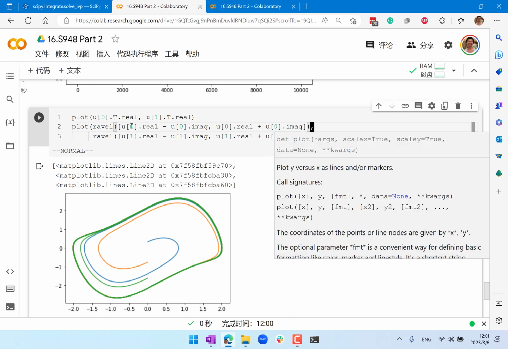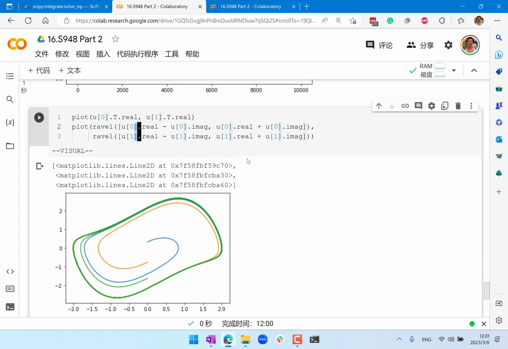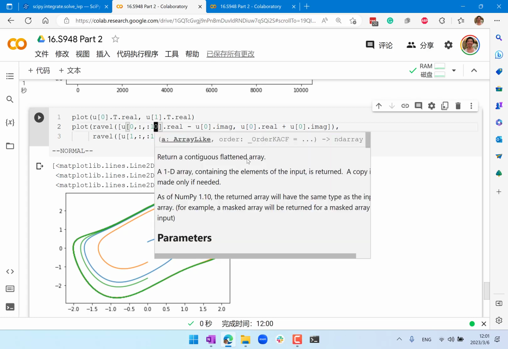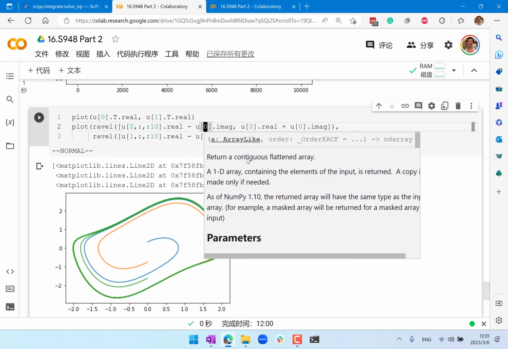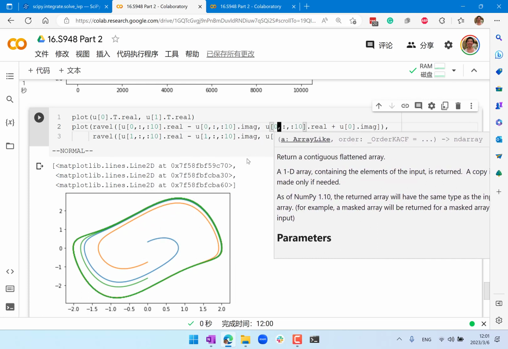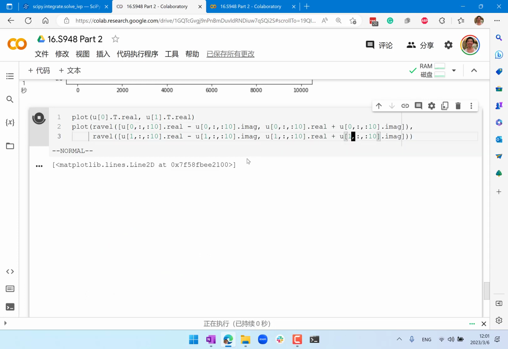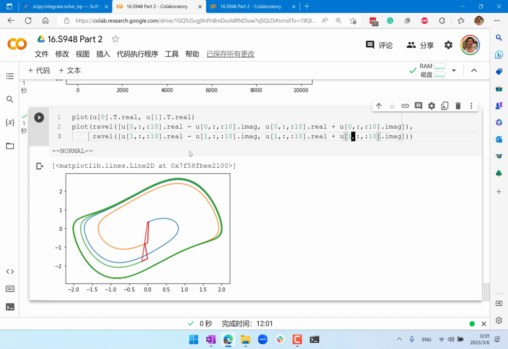I want to skip every few solutions, otherwise I think it's going to be too dense. And yeah, that doesn't seem to be working.